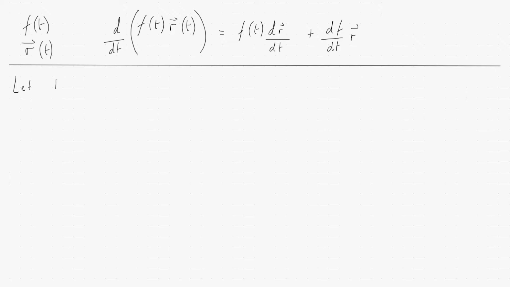So first things first, we are going to define a new vector. We're going to say let vector F be equal to this new vector that comes out from f of t multiplied by r of t.